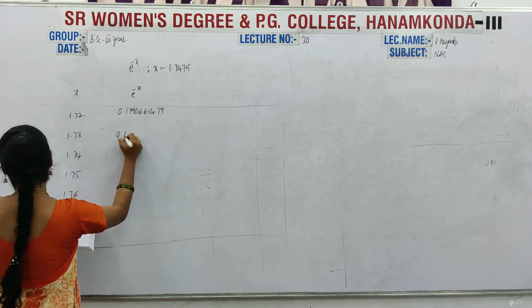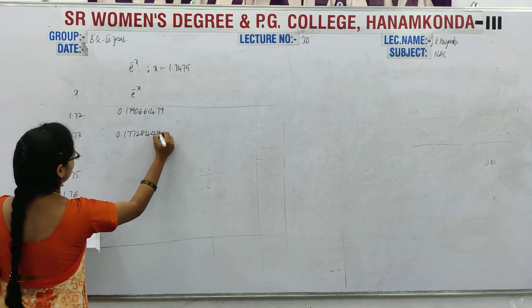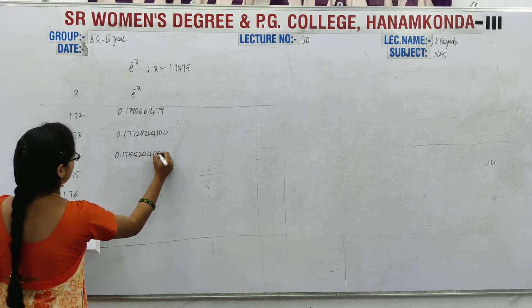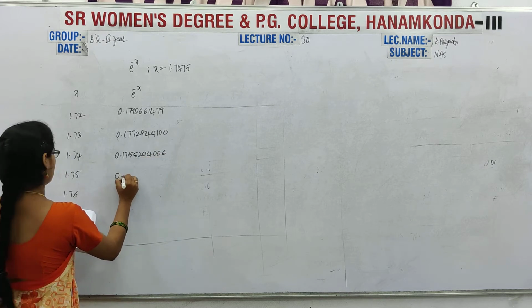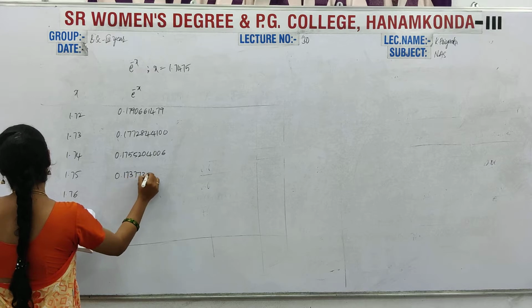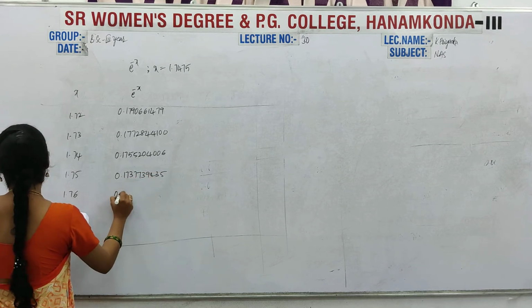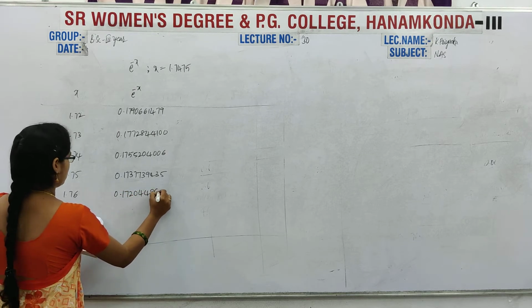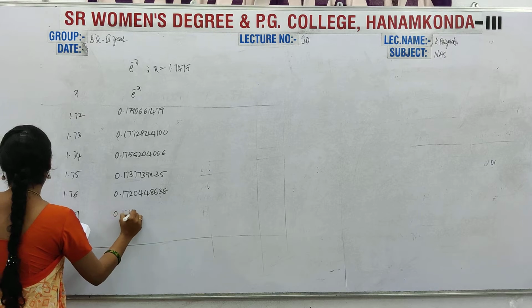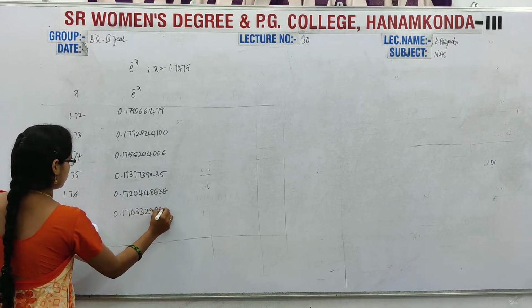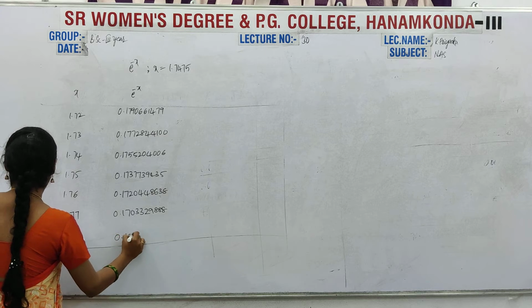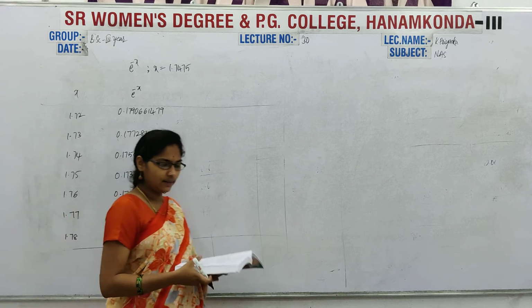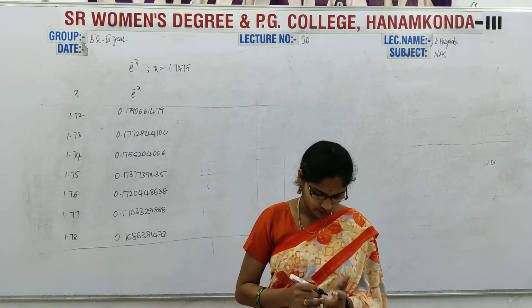Write as it is. Next you have to calculate del square, del cube, del power 4 and so on.